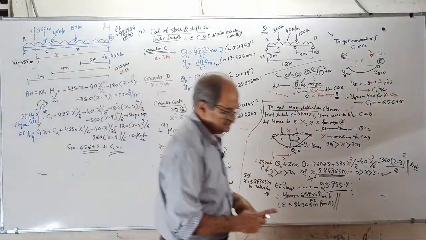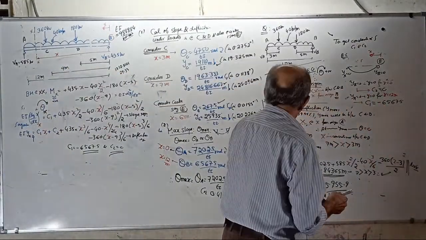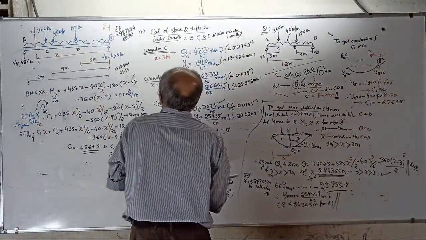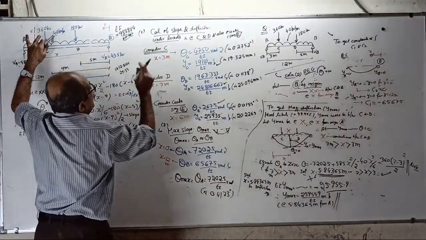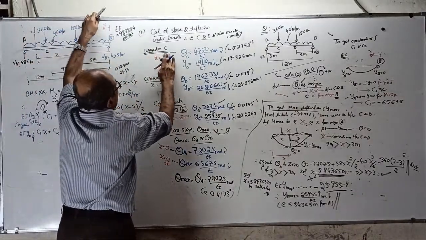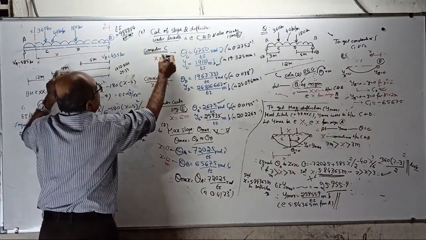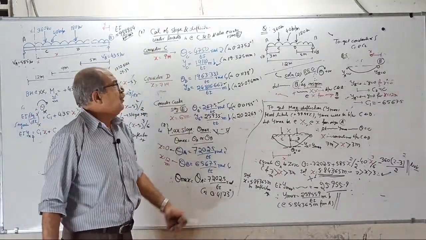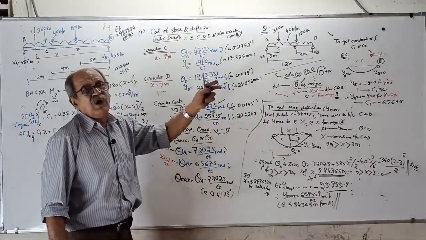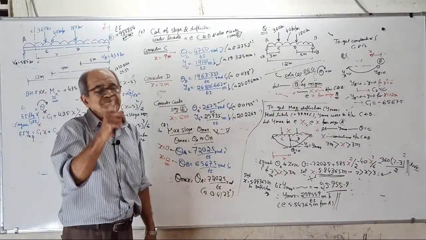Okay, next. Calculation of slope and deflection at C. For C, put x equal to 9 meter. Whether you take A origin or B origin, answer is same.